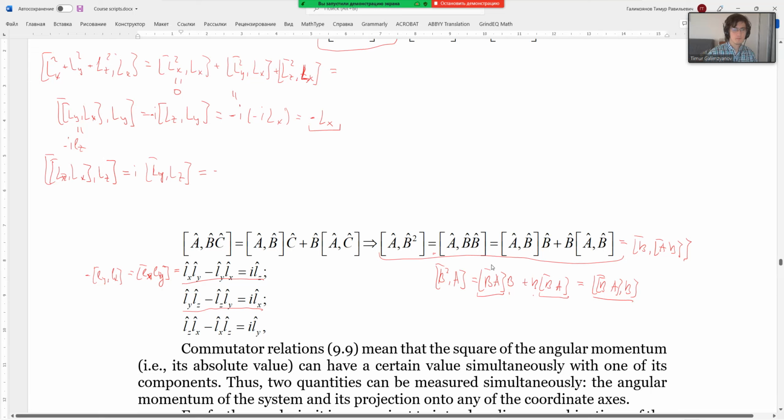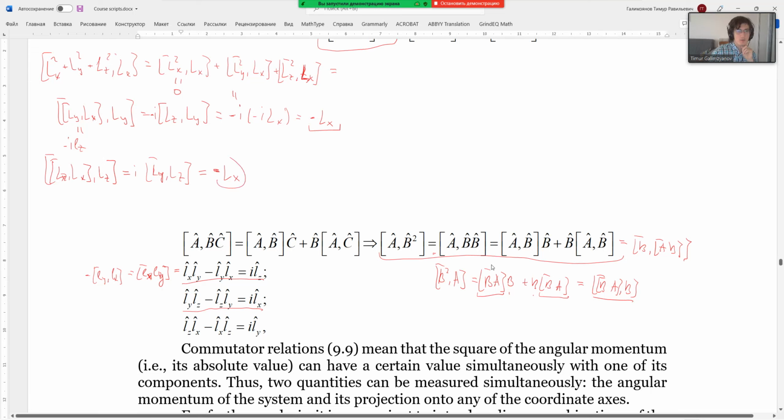Minus Lx. So this commutator Ly Lz and Ly Lx, Lz Lx, and then Ly Lz minus Lx.